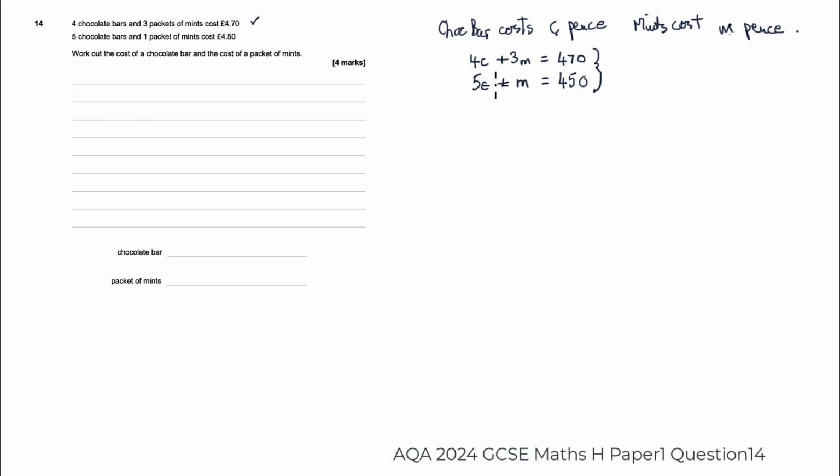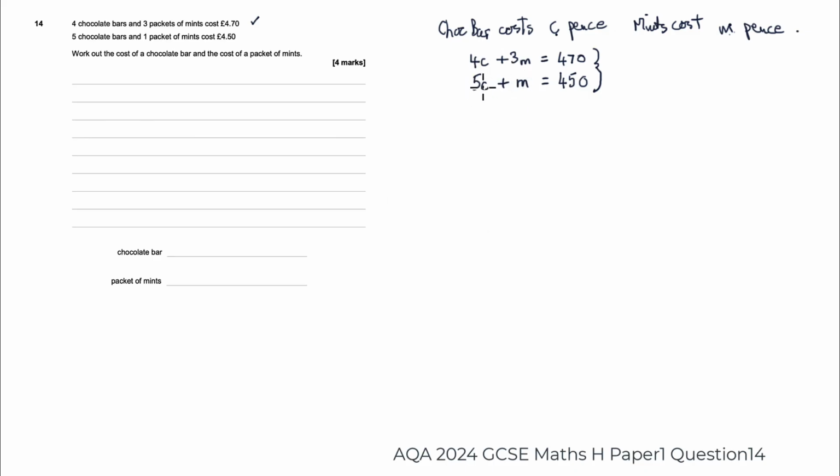Now, the way of solving these is to try and get the same numbers of C or the same numbers of M in each of these equations. Now, the easiest way to do that would be to multiply the second equation by 3. Instead of ordering 5 chocolate bars and 1 packet of mints, we would order 3 lots of that.